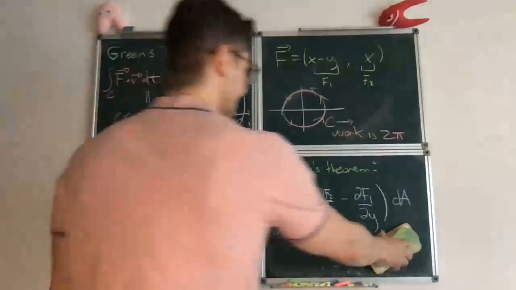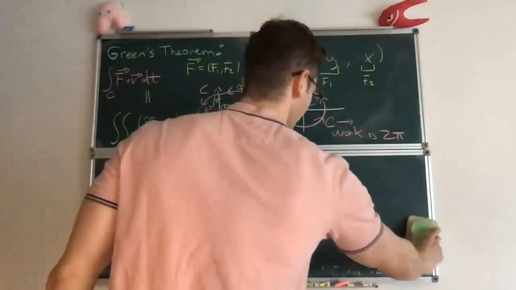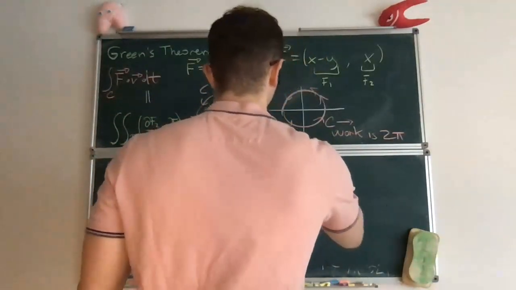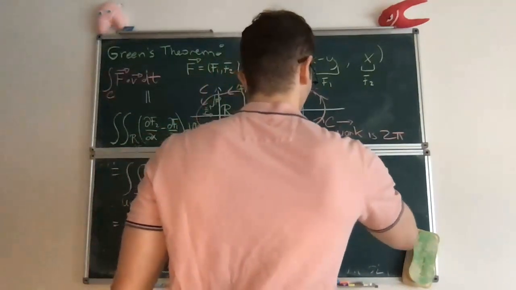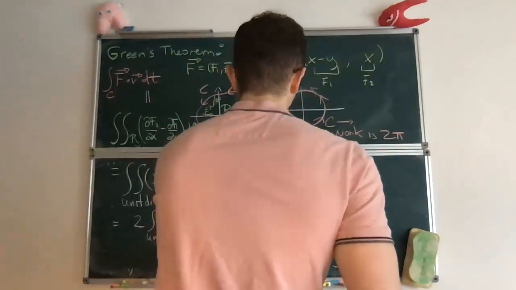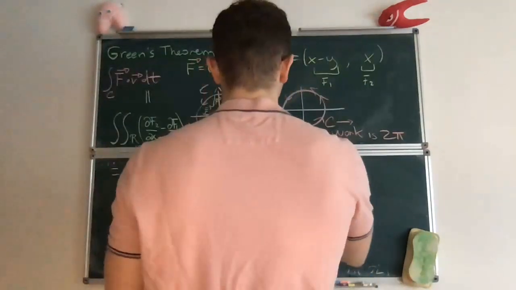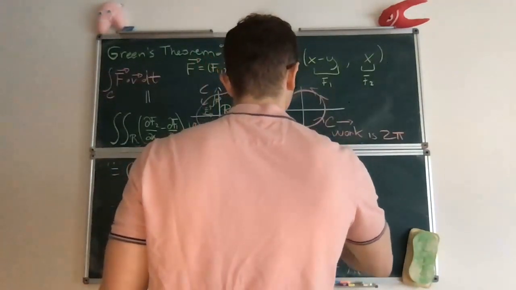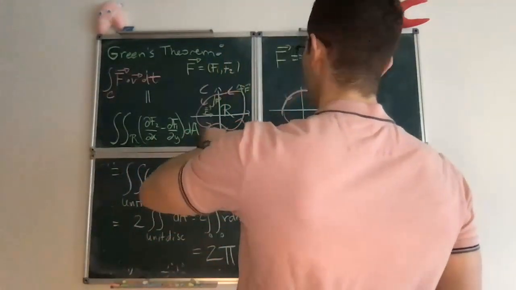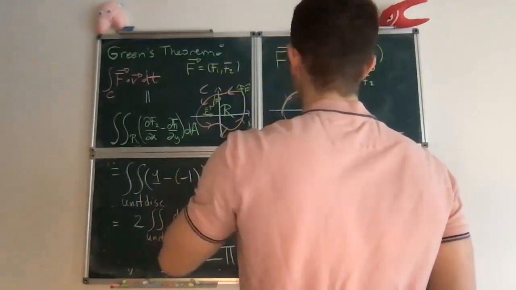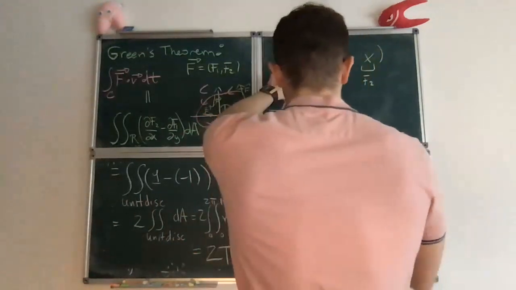Well, in this case, it's fairly straightforward, so if you want, we can do it, just so that you see that you get 2 pi as well. It would be the integral from 0 to 2 pi, right? That's the time that it took you to travel the entire circle, of F dot v, right?